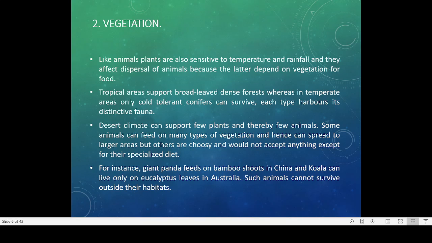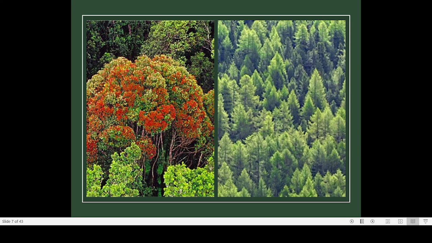You go to Wagamon or you go to Munnar, and if you look at the forest, there we are finding temperate forest. In the temperate forest, what we are seeing is that the leaves are narrow, like coniferous trees. These are the two different types of forest.